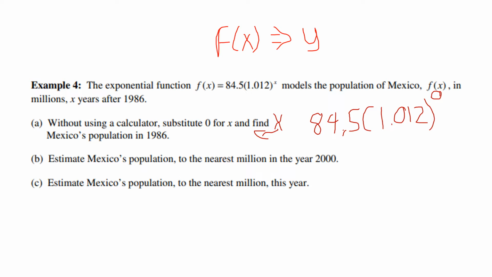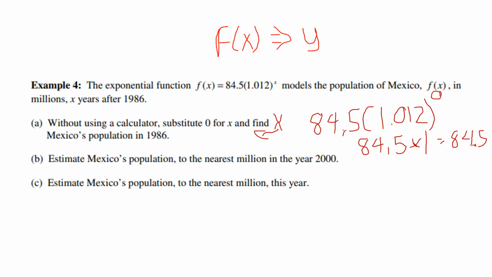So guys, anything to the power of 0 is what? That's right, it's 1, which is 84.5. And you're talking about millions, so you could just give me a complete statement. So on your test, I do expect sentences to go with these numbers.